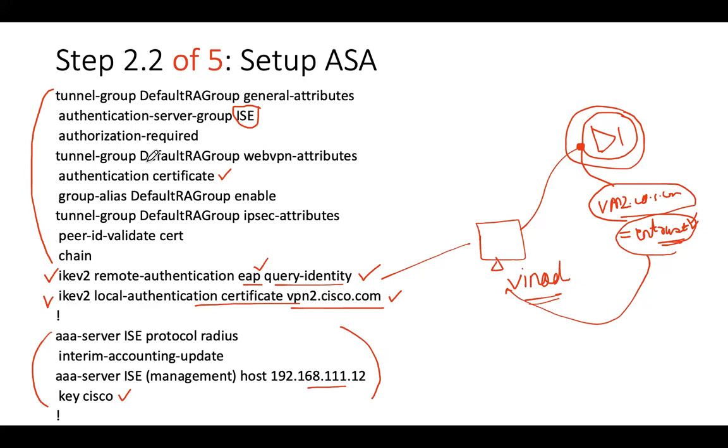And a point to remember, since we are using the Windows VPN client, not the AnyConnect VPN client, we can only use the default RA group on Cisco ASA. If we create a custom tunnel group on Cisco ASA using the Windows VPN client, it won't work. We can only use the default RA group tunnel group on the ASA.